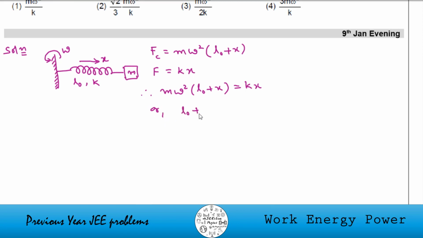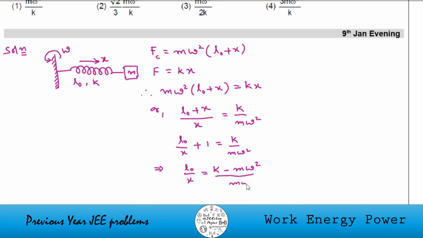or L naught plus x divided by x is equal to k divided by m omega square, or L naught by x plus 1 is equal to k divided by m omega square, or L naught by x is equal to, taking the plus 1 to the right side, it becomes minus 1, so k minus m omega square divided by m omega square, or x divided by L naught is equal to m omega square divided by k minus m omega square.